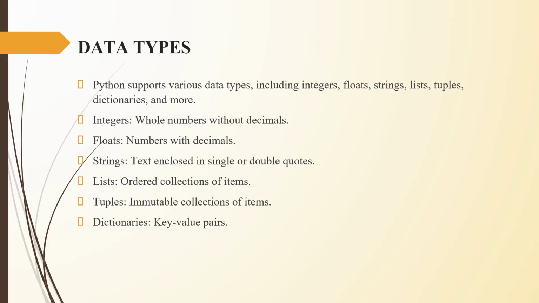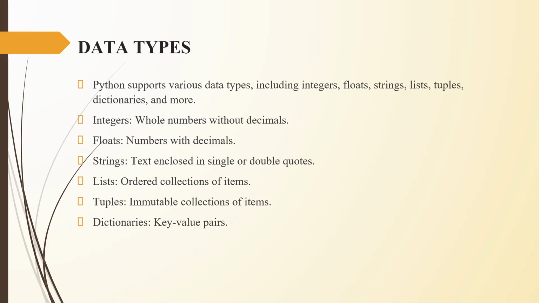Floats are numbers that have a decimal point, such as 3.14 or -0.5. Strings are text data represented by characters enclosed in either single quotes or double quotes.